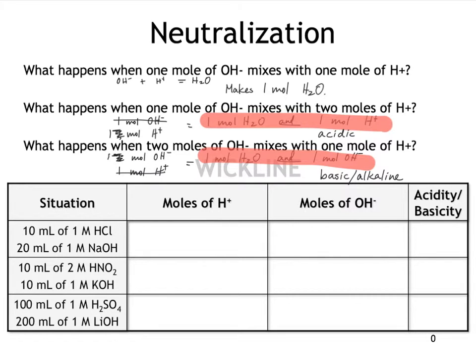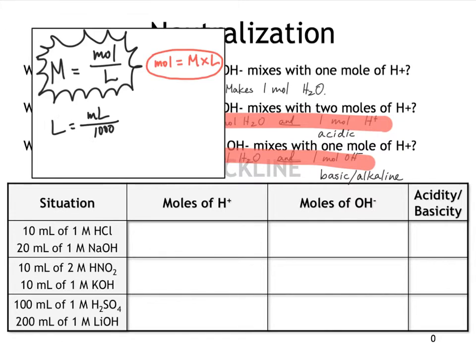All right, now I'm going to show you a little bit of neutralization theory at the bottom of this page in this table. In the first scenario, we have 10 milliliters of 1 molar HCl, but we have 20 milliliters of 1 molar NaOH. So to figure out the moles of hydrogen we have in this substance, which is our acid, we're going to need to figure out, firstly, how many liters do I have?